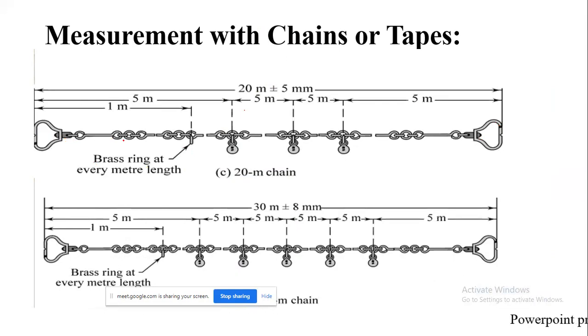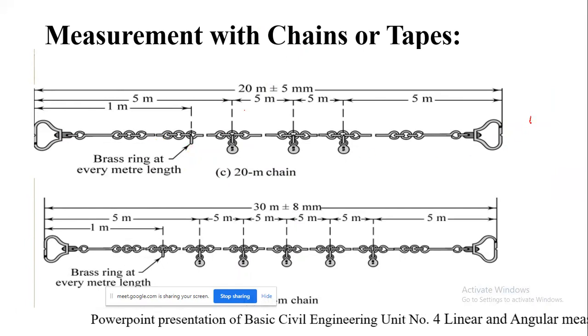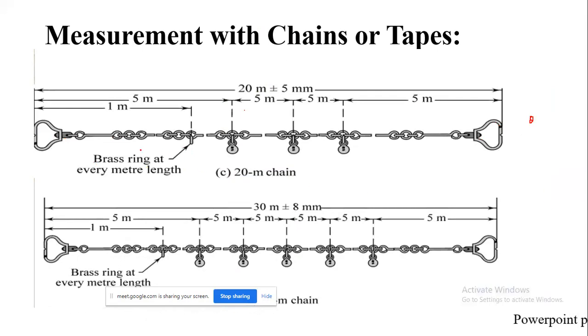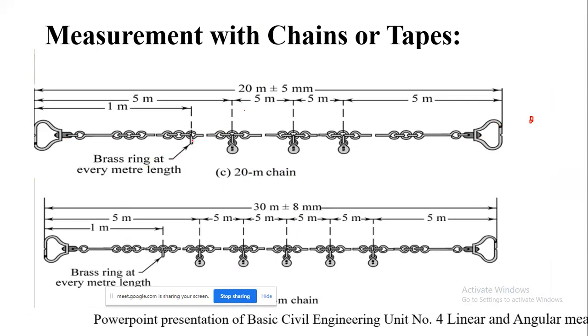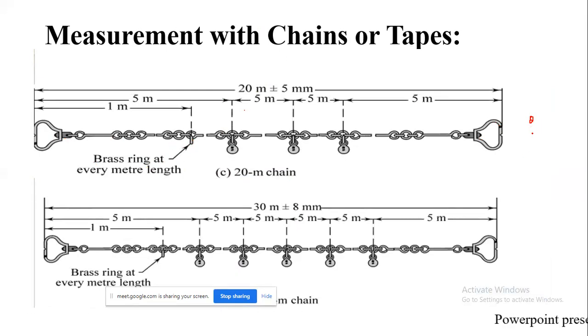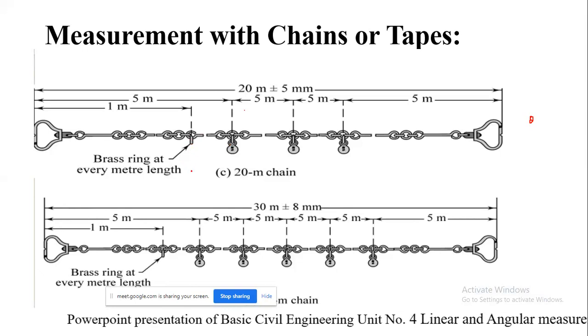A small circular brass ring is provided at each 1 meter length. When a 1 meter distance is taken into consideration, correspondingly a circular brass ring is attached.